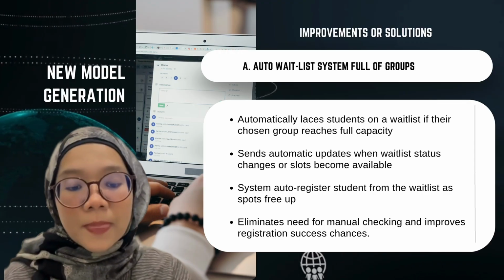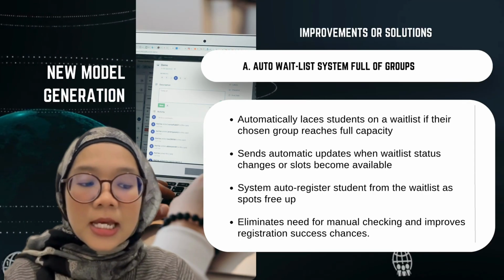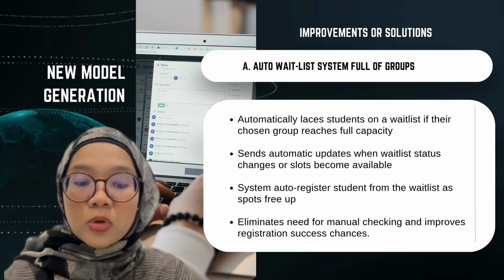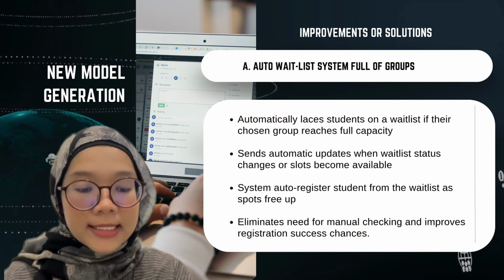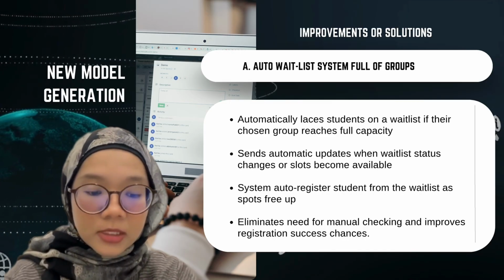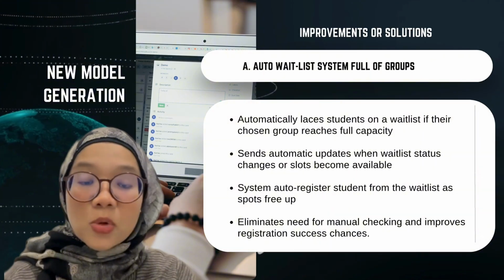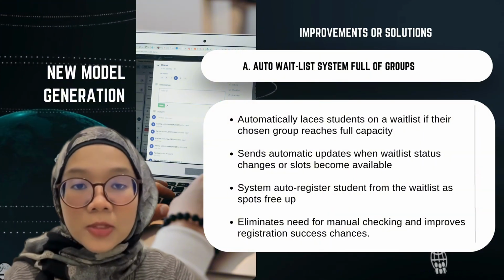For example, a student registers for Group A of Accounting. The group is full, so they are added to the waitlist. A few hours later, another student cancels, and then the system notifies and enrolls the waitlisted student automatically.